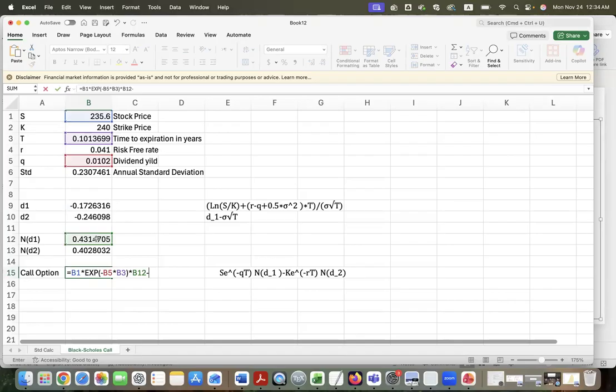Perfect. Now minus K, so this is what we will receive. This is what we have to pay. K times EXP negative r times t, and then times ND2.